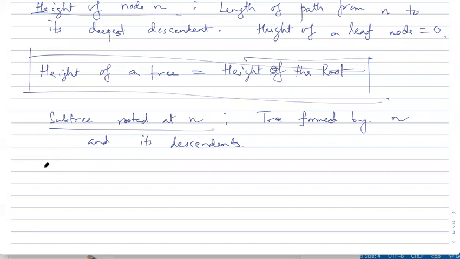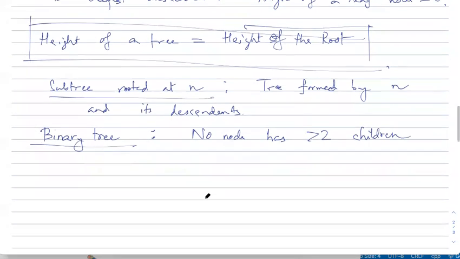Now let's define a very, very special tree and very, very commonly occurring tree, and that is a binary tree. So binary tree is a tree where no node has greater than two children.